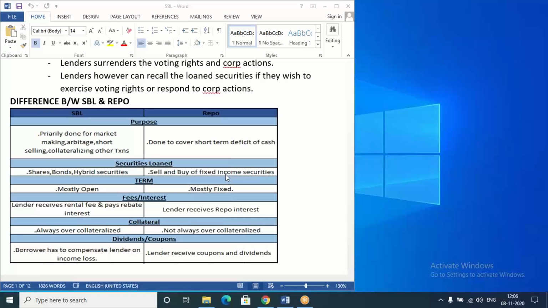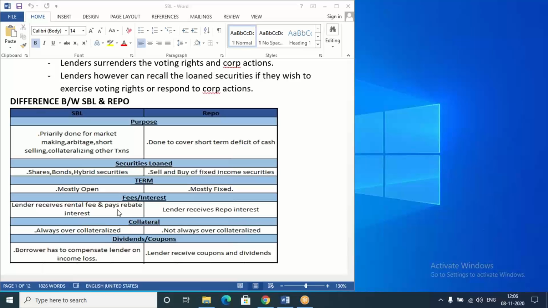Right? Is that clear? Okay. The term of this: your SBL is mostly open, whereas your repo is always fixed. It's a fixed contract.